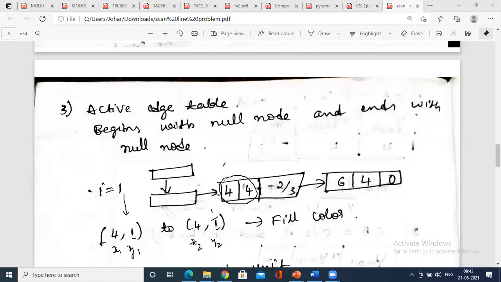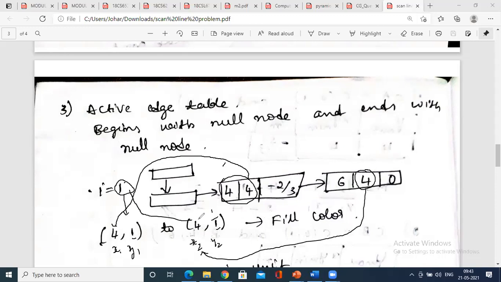Where do you have an x value? In the global edge table you have an x value. The x value is 4. What about here? What is the x value? Here you have an x value, x2. So x1 and x2 will be copied, whereas y1 remains the same.